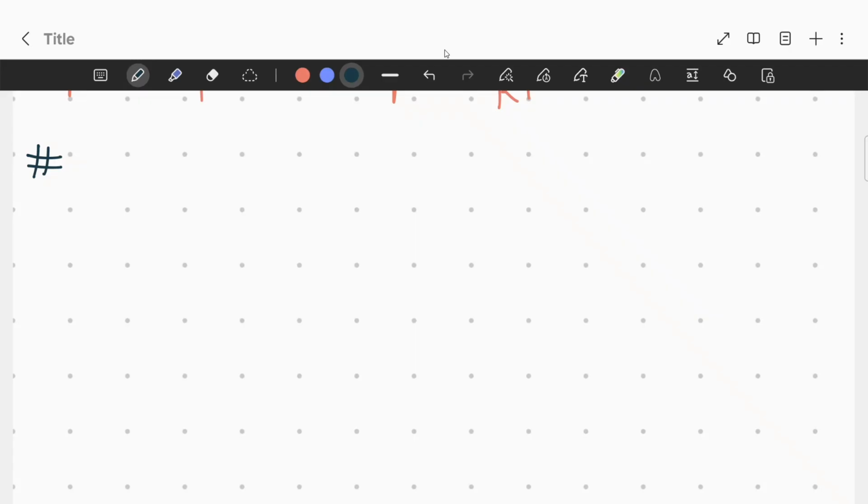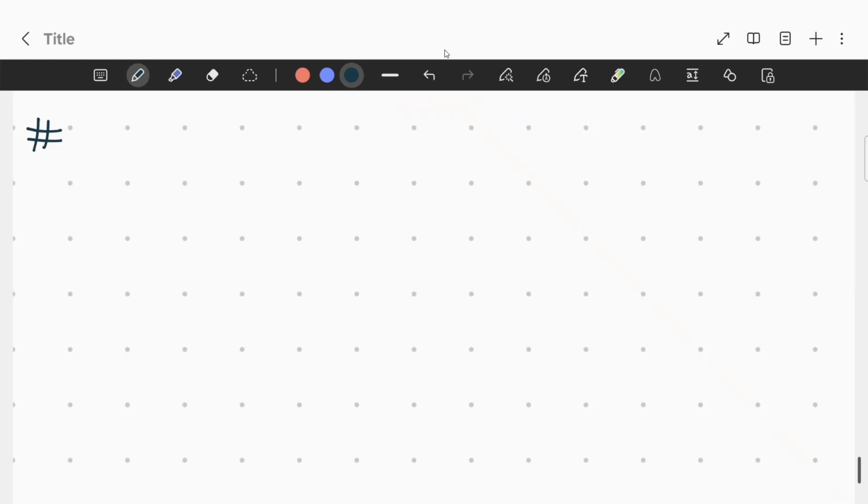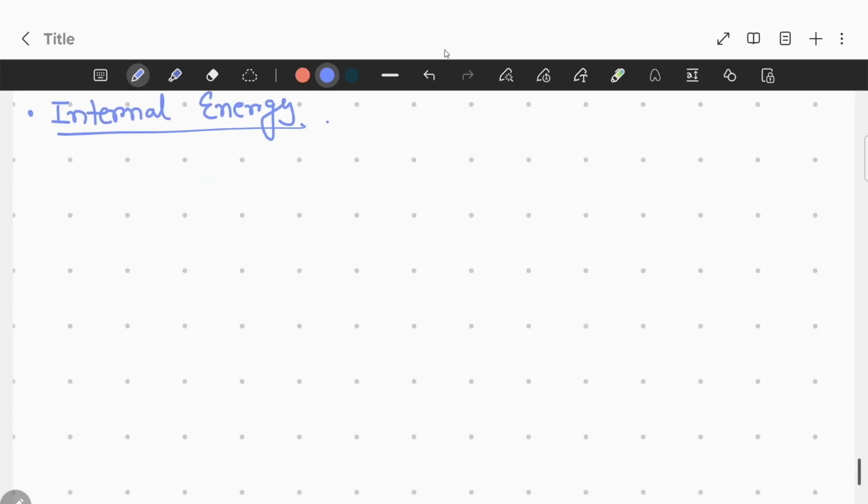So we will calculate the rest of the properties first, internal energy. These things we have calculated last time, right, if I remember correctly. But it's okay, we should do it.